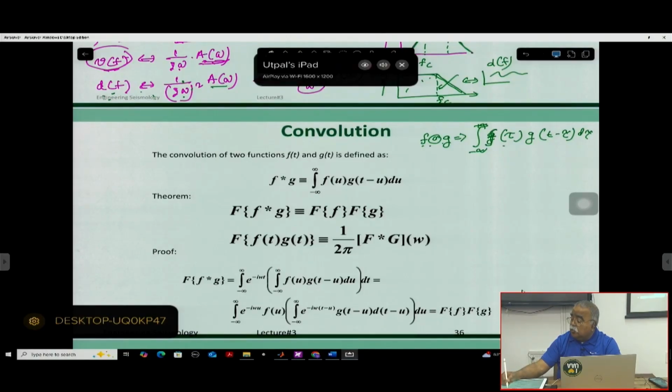So f convolved with g, this is actually the picture, right?